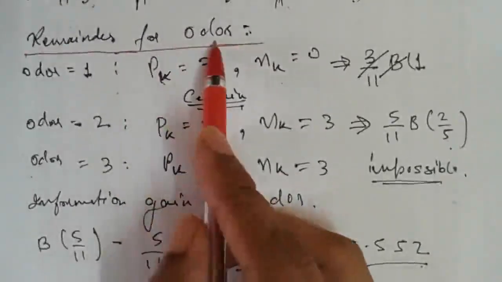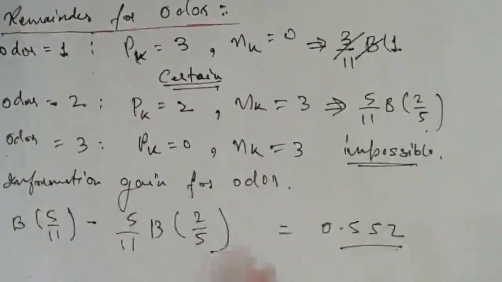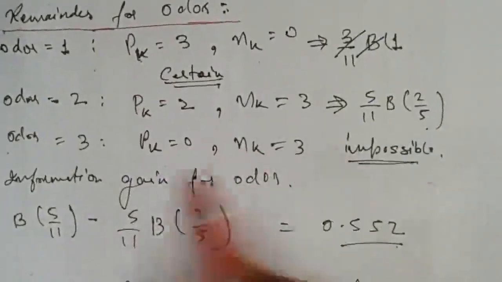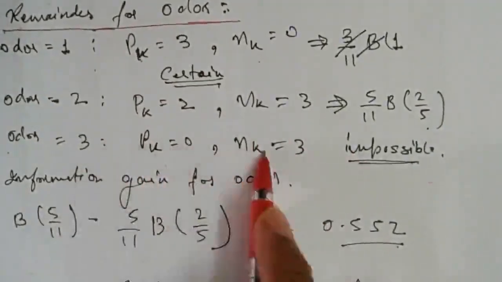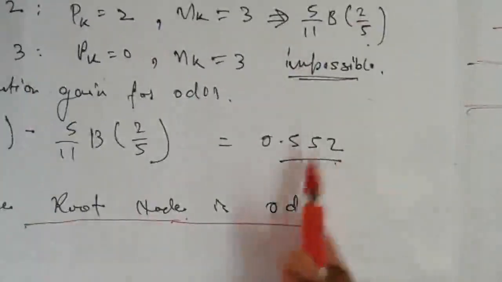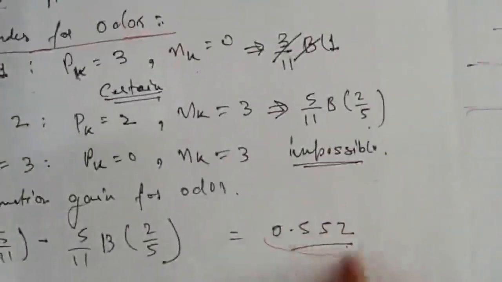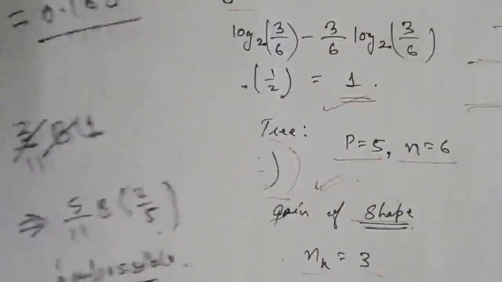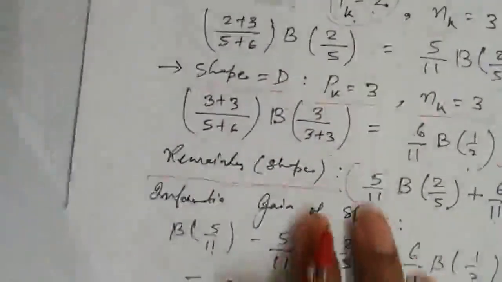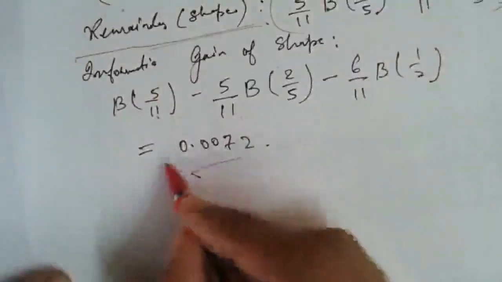Similarly we calculate the information gain of order. Again we have, see, it is a certain event, so this part we do not consider for the attribute, and we have this. So based on these 3 values, we see that the order gain is the largest one, then the color, and then the shape.